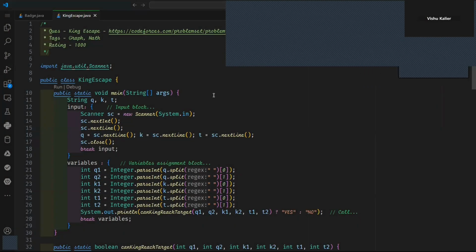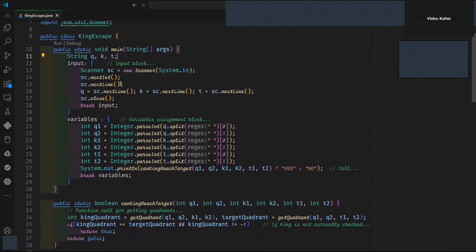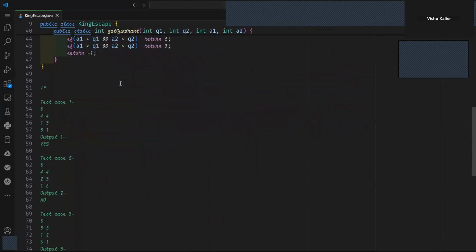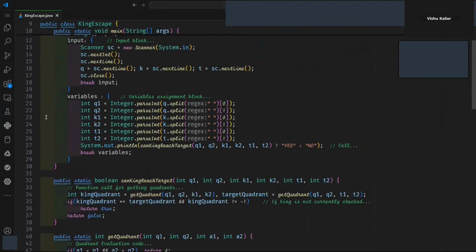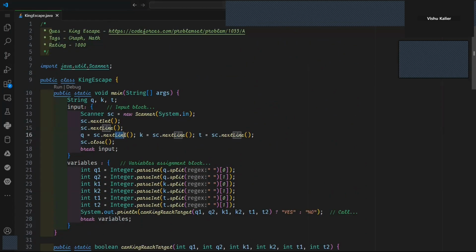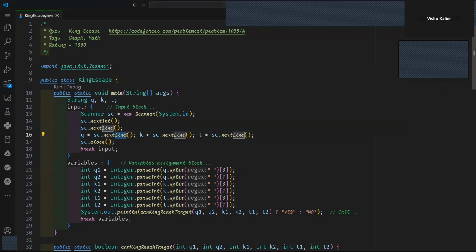So here is the question that I wanted to explain to you. I have taken Q, K, and T as strings because I will be taking the inputs in this particular format, right? That is 4, 4, 1, 3, two integers separated by a white space. So I would need to use next line to allow strings to have an empty space or a white space as well.